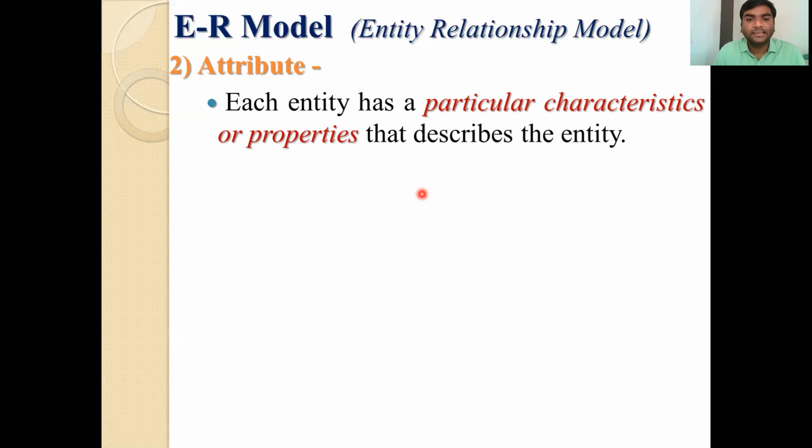So what are the characteristics or properties of a student? A student has one unique number, that is the enrollment number or PRN number. A student also has a name, address, mobile number, blood group, age, height, and which course the student is studying. Okay, so those are all the characteristics of that student which describe that student.